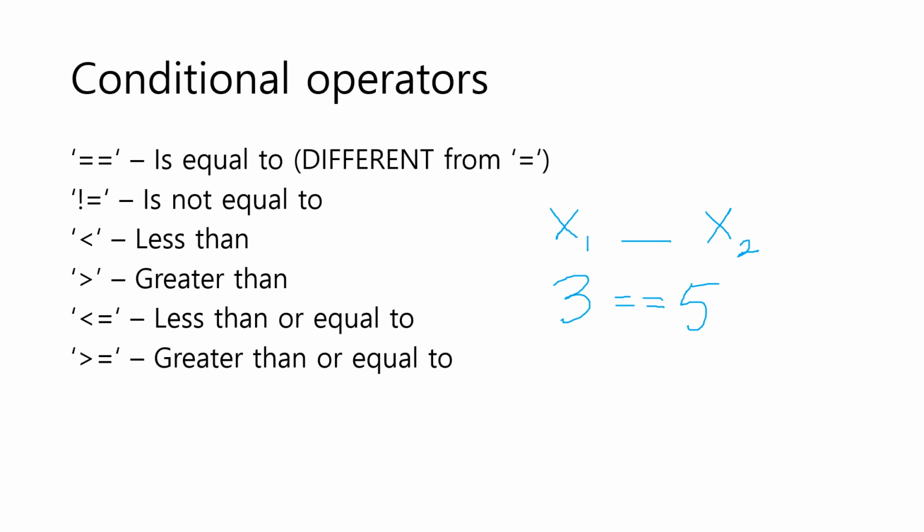Next is the exclamation mark equal sign, and this basically means something is not equal to. The exclamation mark here means not. So if this was an exclamation mark instead of an equal sign, the expression here would give you the true value.